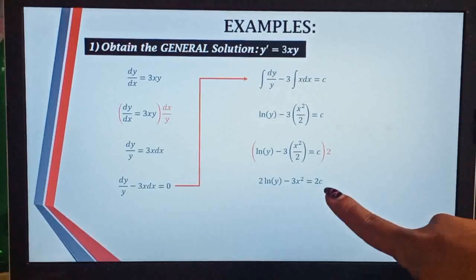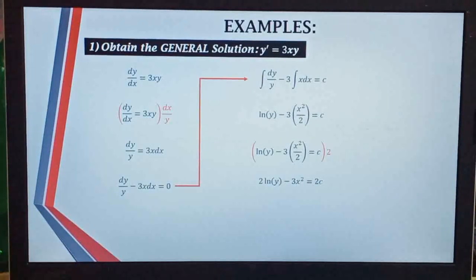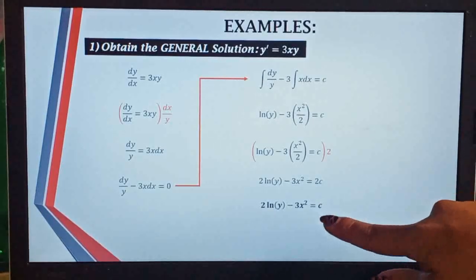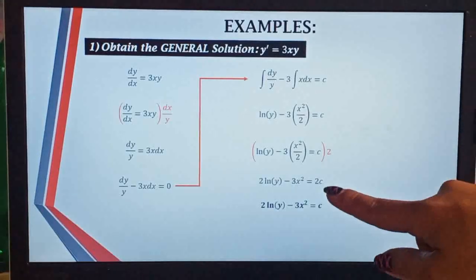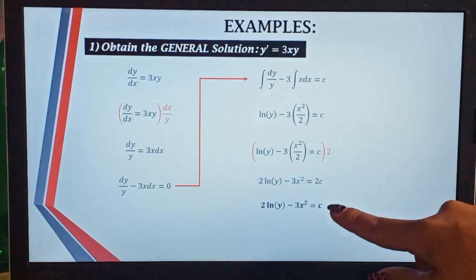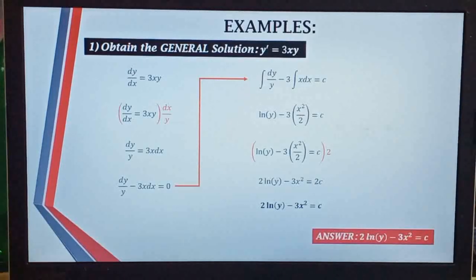Since c is an arbitrary constant and 2 is a constant, we can express it as only c, since it can just be an arbitrary constant. So in that case, the final answer for this problem is 2 ln of y minus 3x squared equated to c.